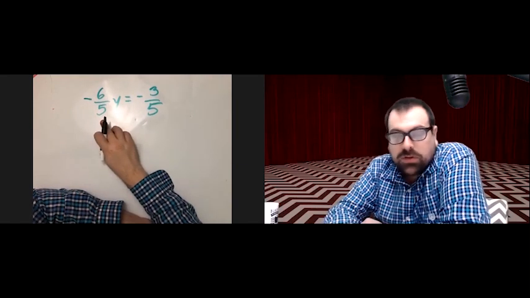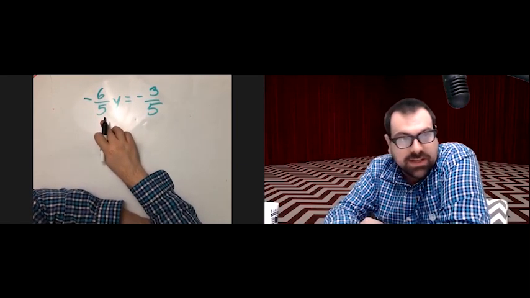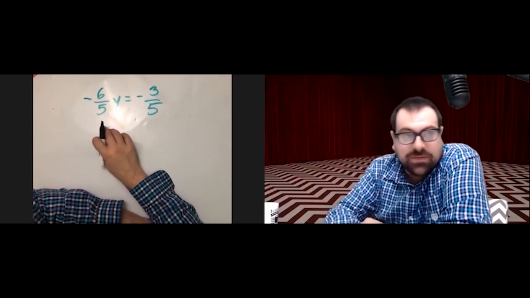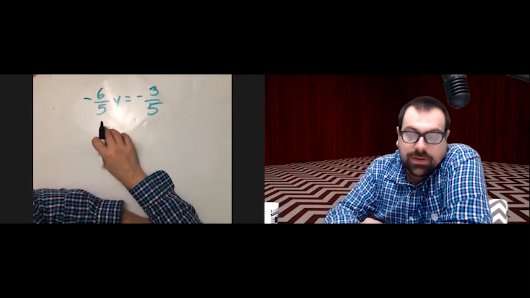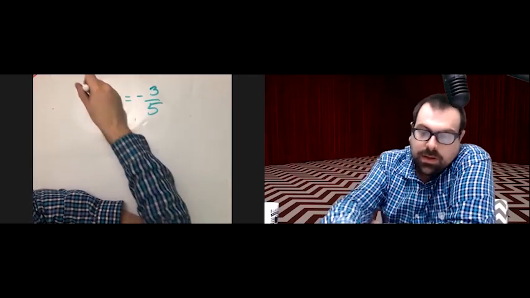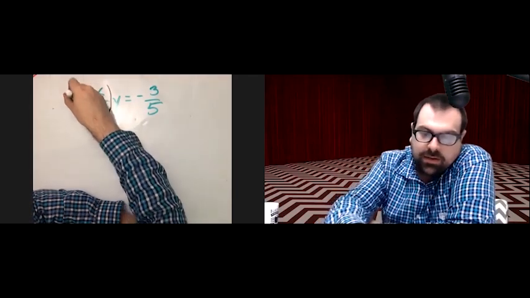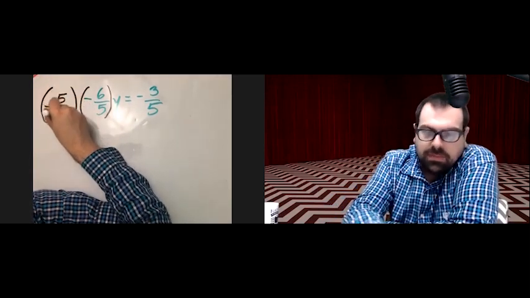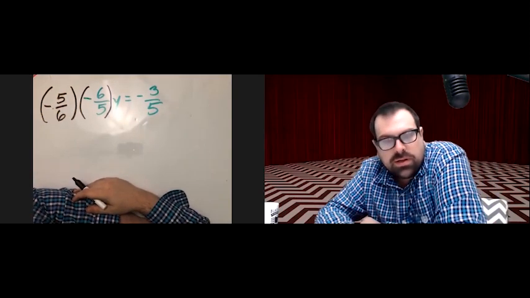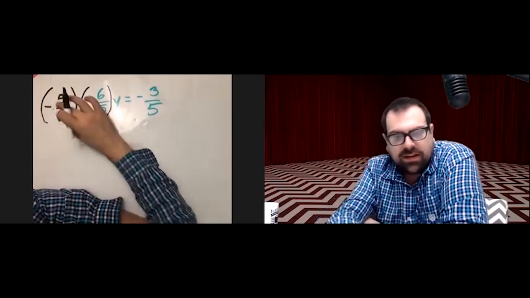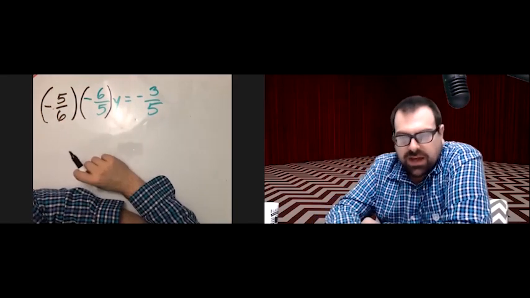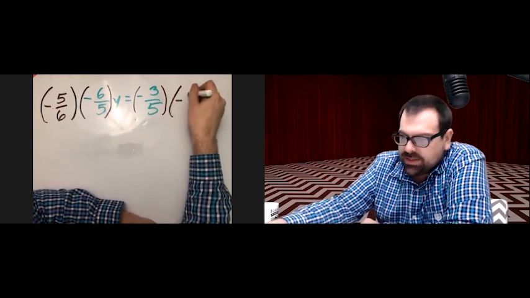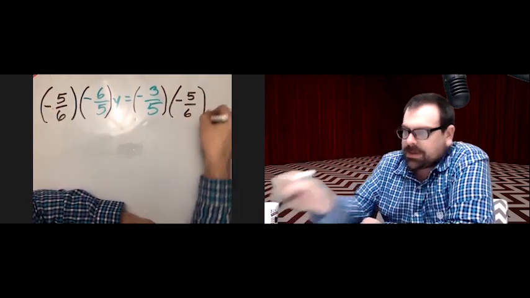It is being multiplied by -6/5. So we want to do the opposite. We want to divide by -6/5. And dividing by -6/5 is multiplying by the reciprocal. Reciprocal doesn't change the fact it's negative, but we flip the fraction, 5/6. Make sure we multiply both sides by -5/6.